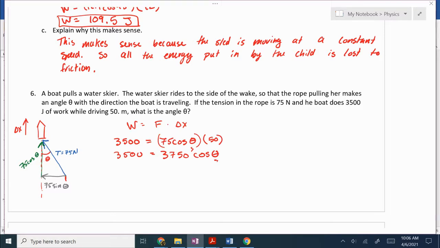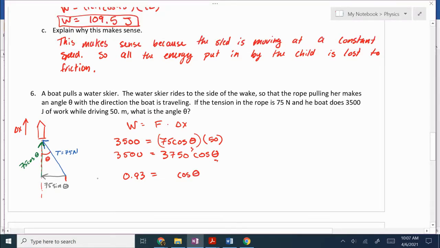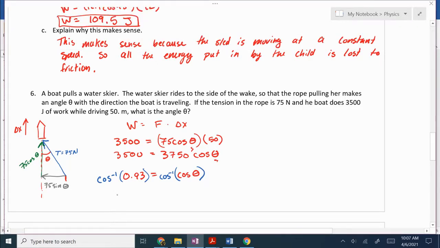That gives you 0.93 on this side, equal to, on this side, the only thing we have is cosine of theta. To get theta all by itself, you have to inverse cosine both sides. That's going to undo the cosine, and what you're left with is theta, because when you inverse cosine the cosine, it ends up all by itself.